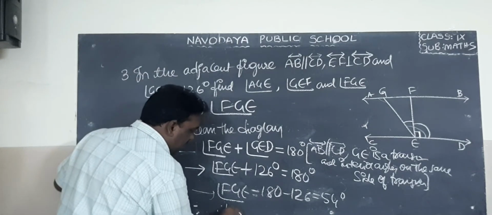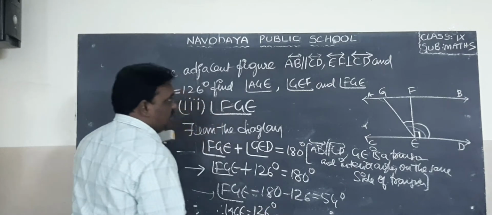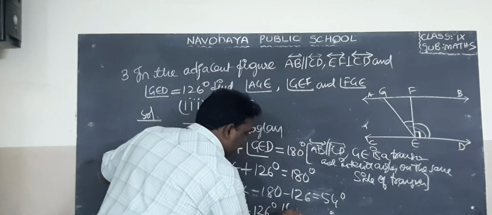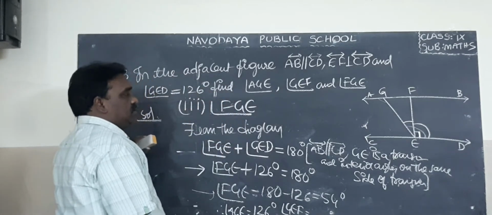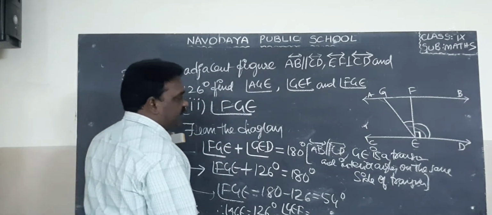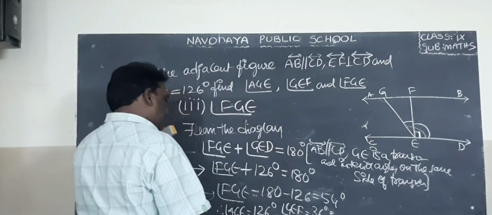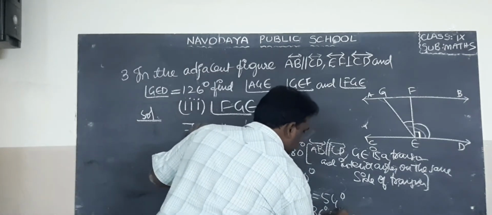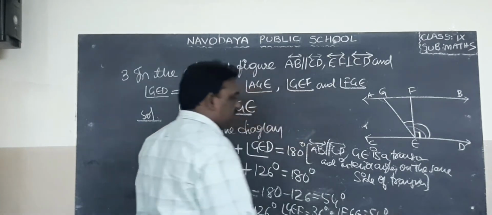Therefore angle AGE 126. Second one angle GEF how much? 36. Third one angle FGE equal to 54. Write down.